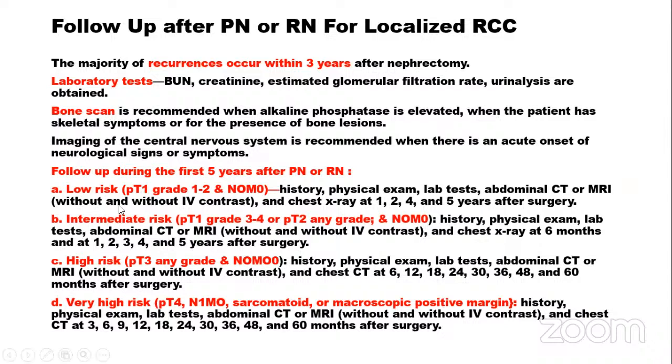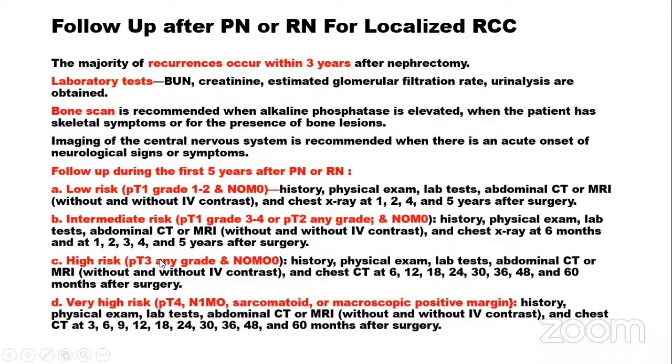The intermediate risk here is, as you see, pT1 grade 3 to 4, pT2 any grade, N0, M0. We do history, examination, and abdominal CT or MRI with or without contrast, and chest X-ray at 6 months and at the 1st, 2nd, 3rd, 4th, and 5th years after surgery, or when clinically indicated.